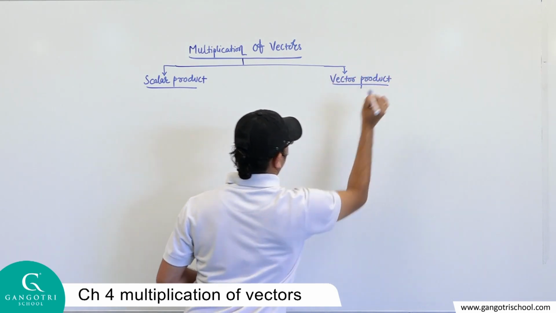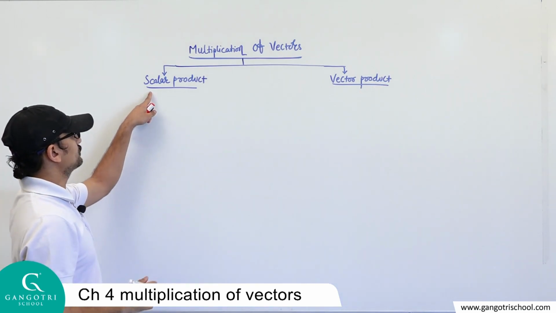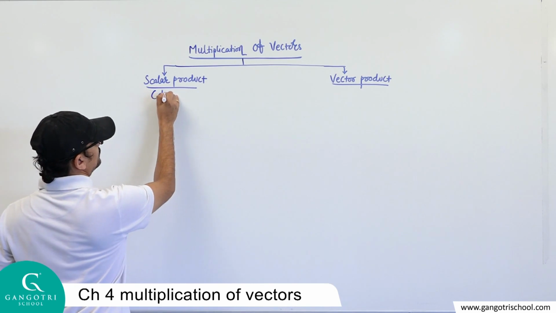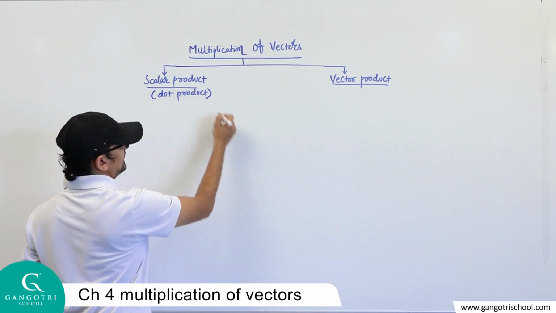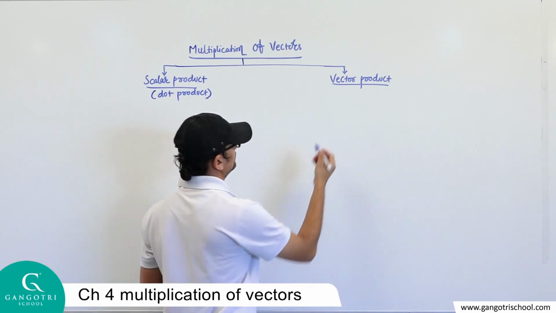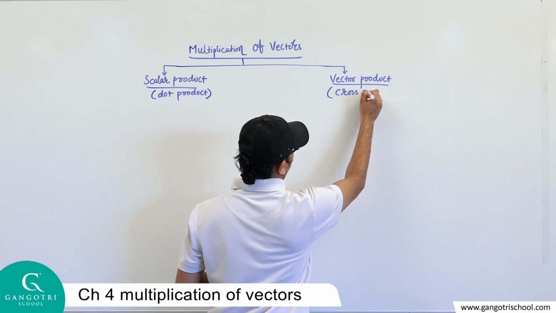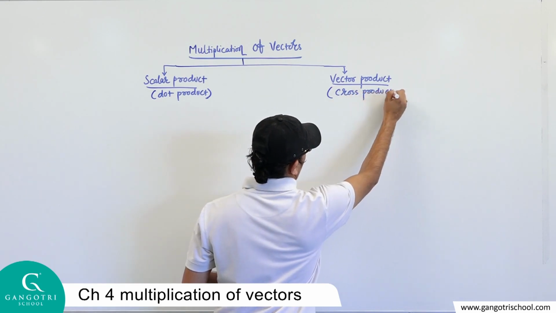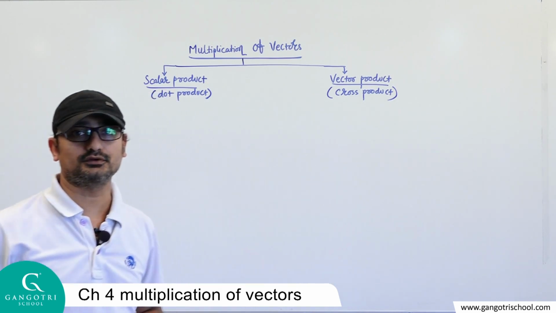Scalar product is also known as a dot product, and vector product has another very familiar name, cross product. So there are two types of multiplication, dot product and cross product.